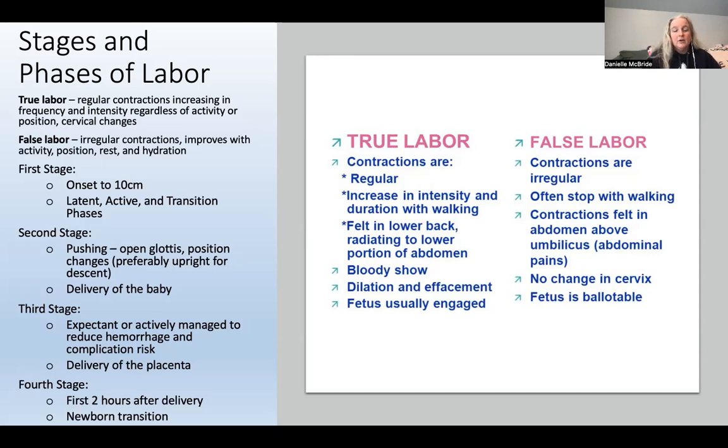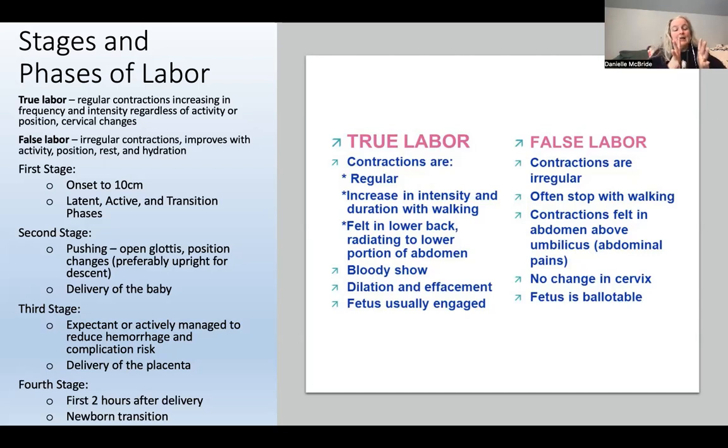Third stage of labor. So now in the third stage, the baby's born, and we're waiting for the placenta. We can wait up to 30 minutes for the placenta. During this time, we're not just letting her hang out and ignoring this. We have a provider who's actively managing the delivery of the placenta.